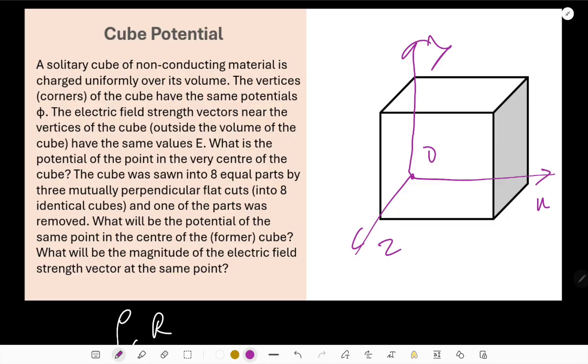And I'm also going to assume one more thing, and it does not come at the expense of generality. There is no loss of generality at all. If I assume that the edge length of the cube is unity and charge is also equal to unity, the total charge is also equal to unity, nothing will change.